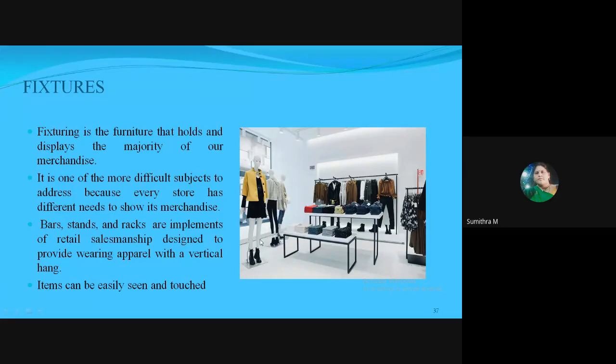Bars, stands and racks are used as fixtures. See, some people prefer to show the whole garment like this. Some shops prefer to fold their garments and keep them in this form. Some will use hangers. So fixtures may vary according to the type of the garment and according to the type of the retailer.